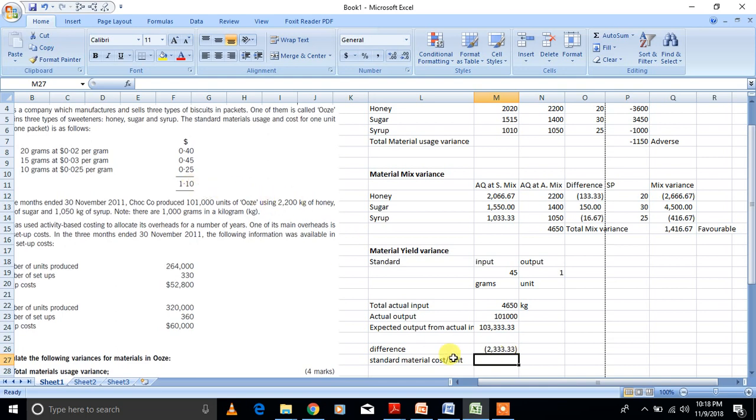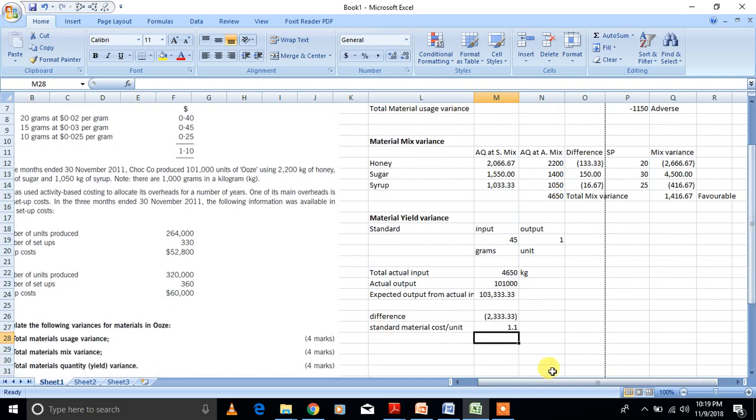Here it's given $1.10. Multiply the difference by this, you will get the yield variance, material yield variance. This multiplied by 1.10, which is 2,566. You get a minus answer here, which indicates adverse variance.